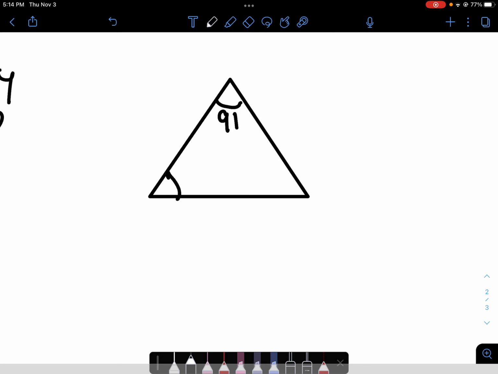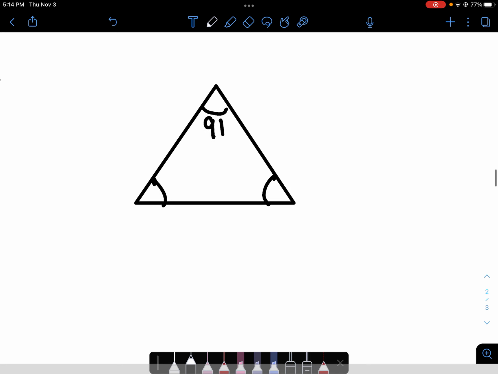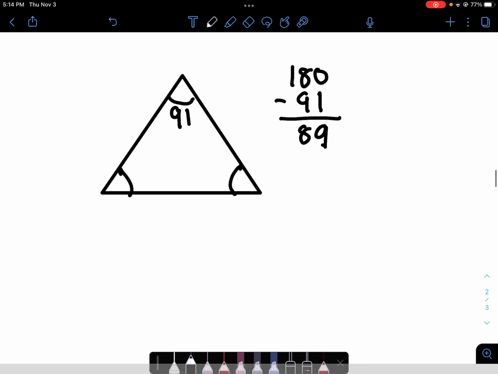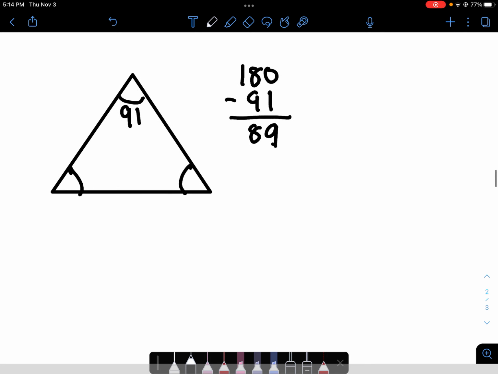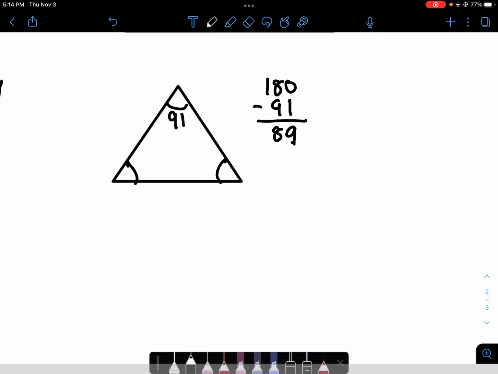Now these other angles must be less than 90 because 180 minus 91 is 89. And 89 is an acute angle.